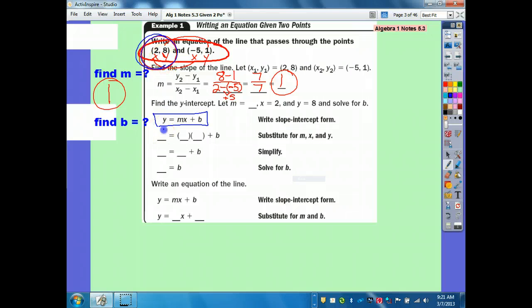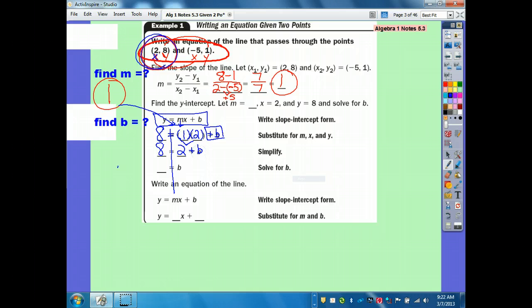Y is 8 equals, what's my m? We just figured it out. 1 times, what's my x? 2 from that one, plus b. Now we have to find our b. Simplify. We have nothing to do to that side yet. What's 1 times 2? So we have 2 plus b.